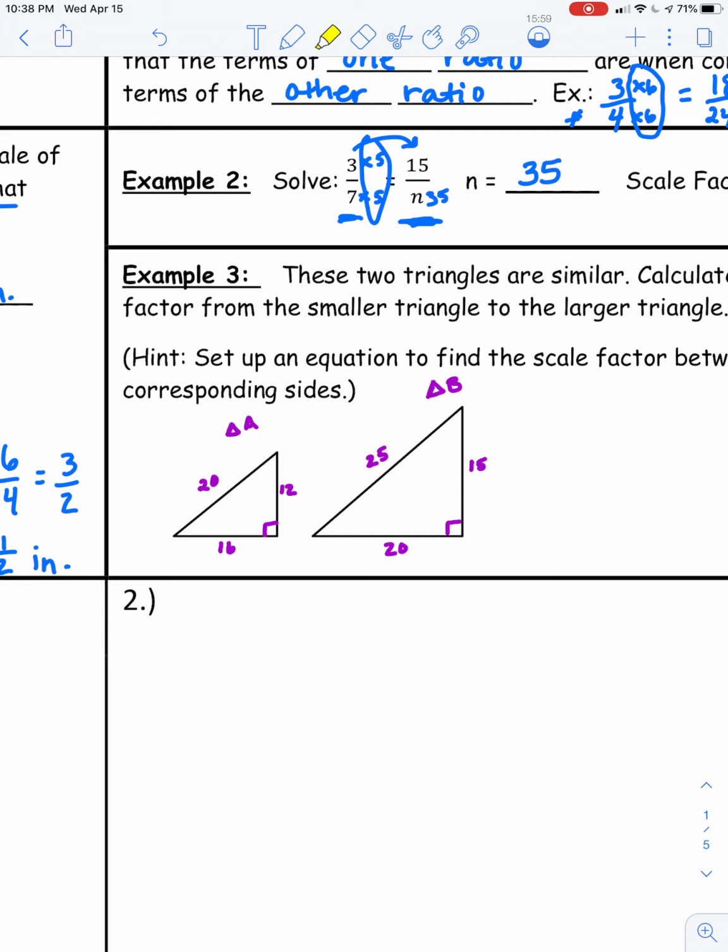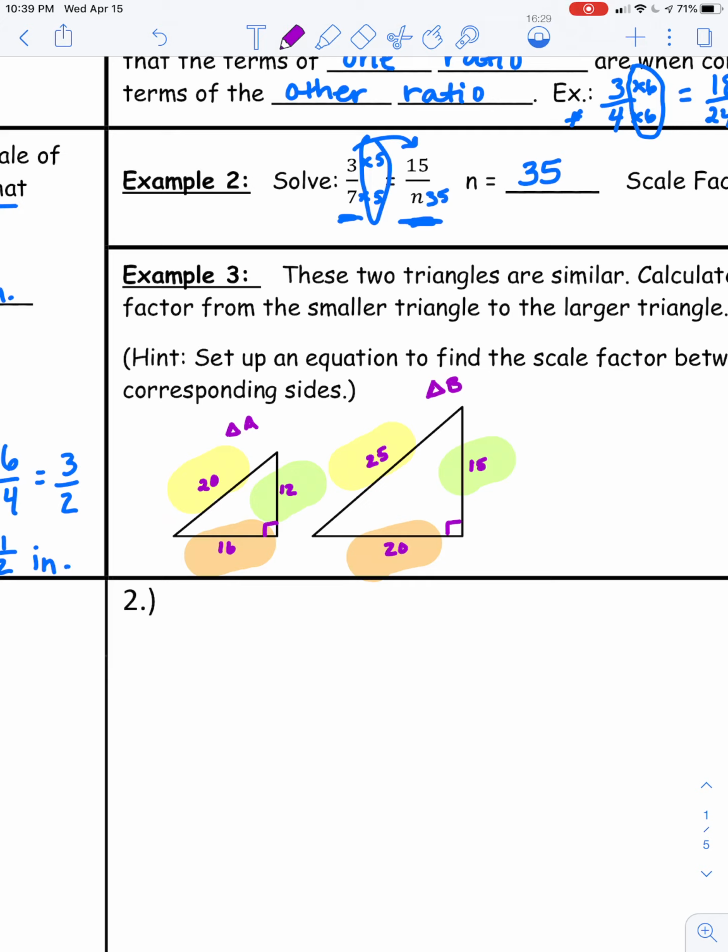Like for example, here's a corresponding side. 20 corresponds with 25. 16 corresponds with 20. And 12 corresponds with 15. But the problem is I can't quickly figure out what is the scale factor that takes me from 20 to 25 or 16 to 20 or 12 to 15.